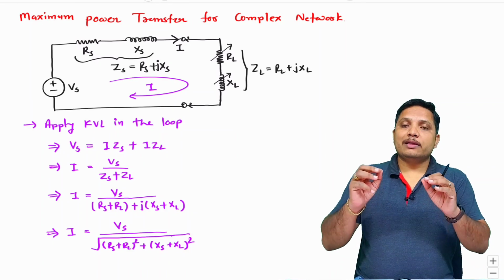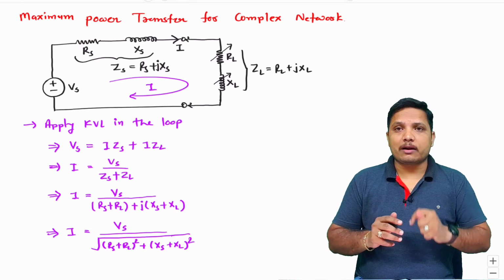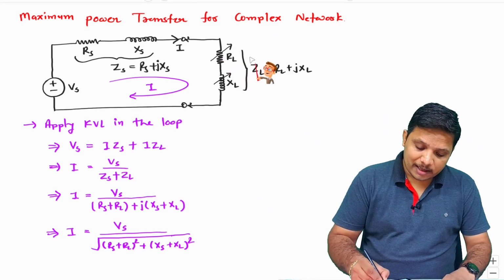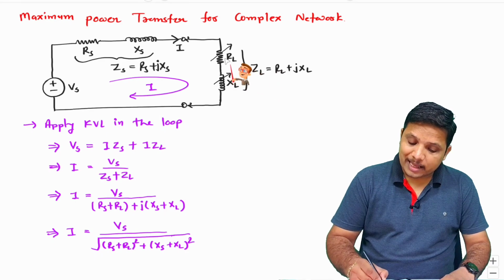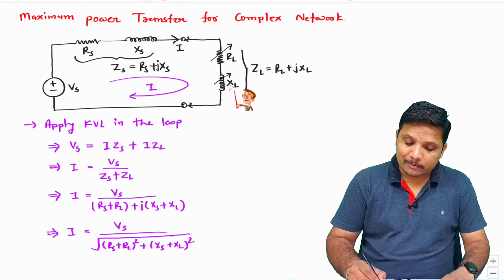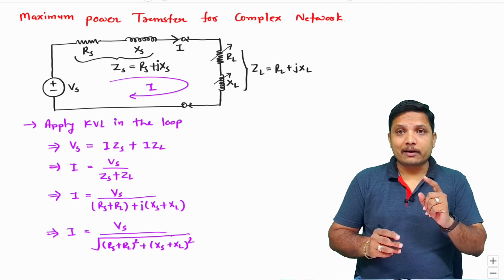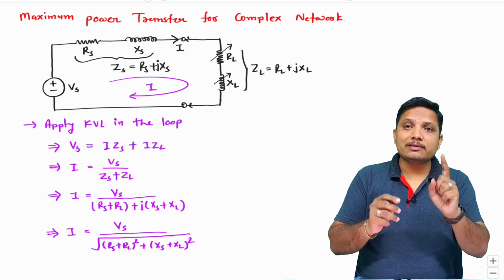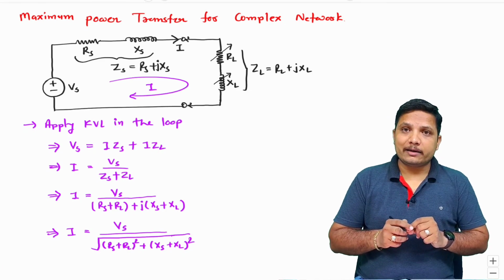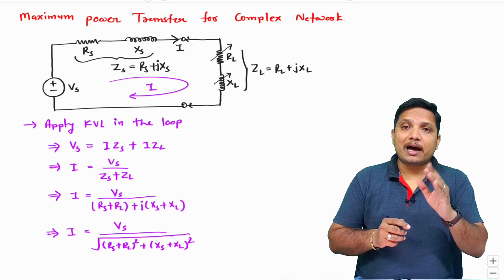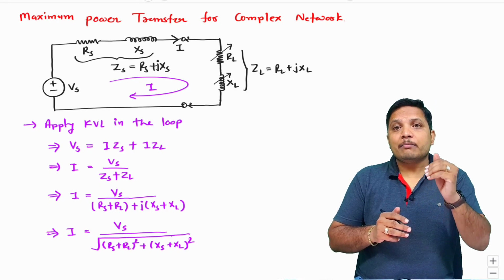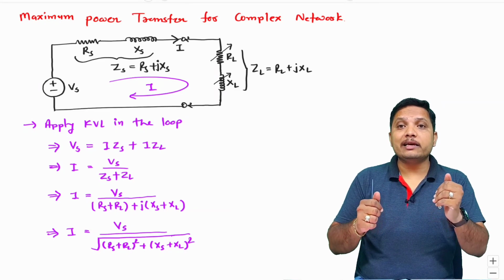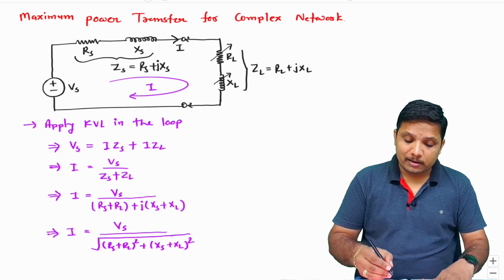Now let us understand how much power gets delivered to the load. The load is ZL, which includes RL and XL. As I said earlier, power gets delivered to the load based on the resistive element only, because power is not dissipated as heat in inductive and capacitive elements.